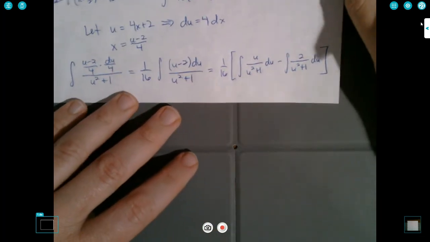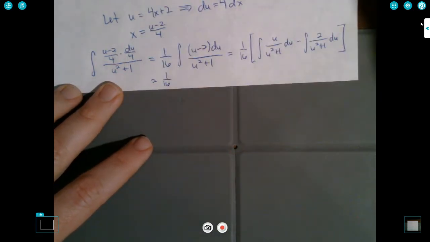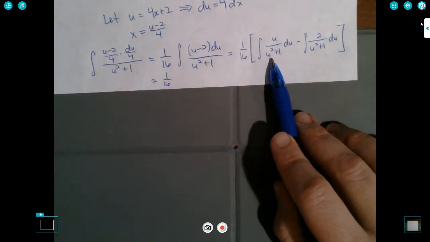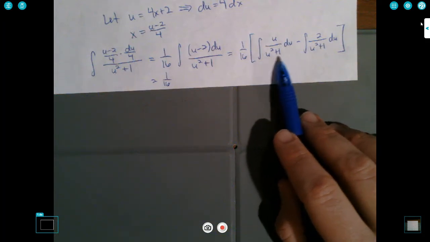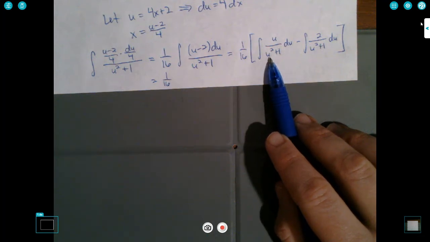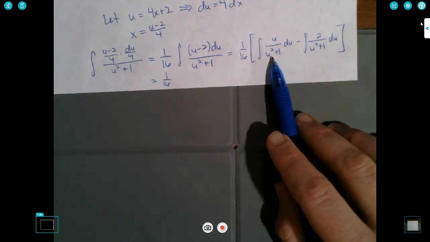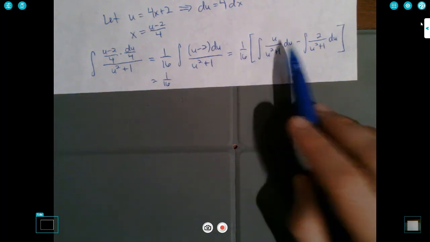Okay, and now I'm almost done. I know it doesn't look like it, but I think I can get there in one more line. Notice that if I do another substitution here, like if I let w be u squared plus 1, then dw would be 2u du. So the derivative of this is sitting up top here.